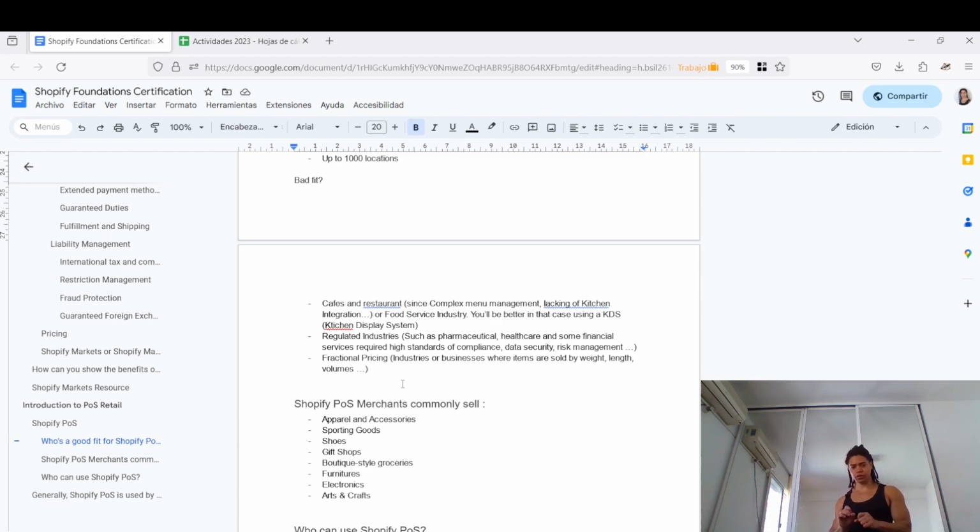So these are the several fields, or the several items, that merchants usually sell using Shopify.